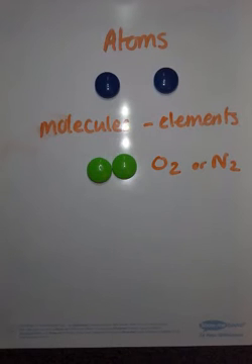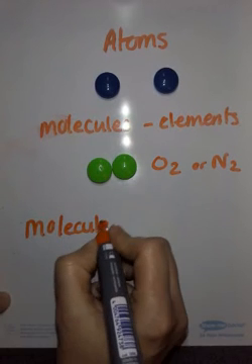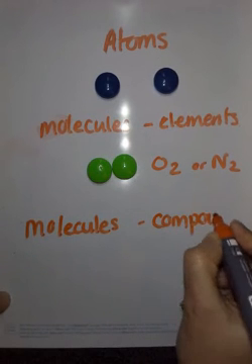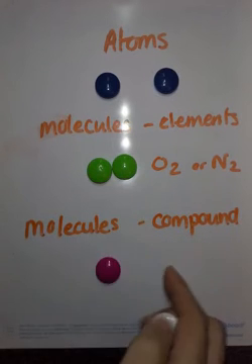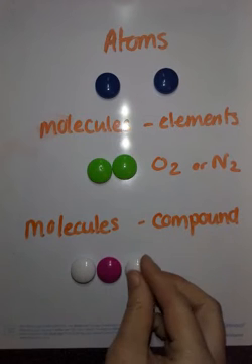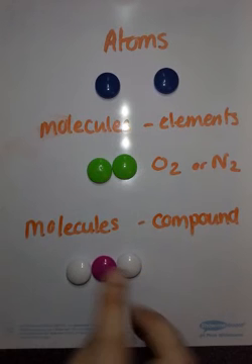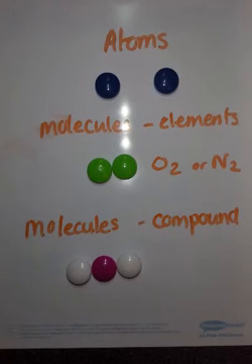So if we wanted to draw a molecule of a compound, we could have something like water or carbon dioxide, but we would have to represent that as a molecule. So this is a molecule. It's no longer an element because we've got 2 separate elements in that arrangement.